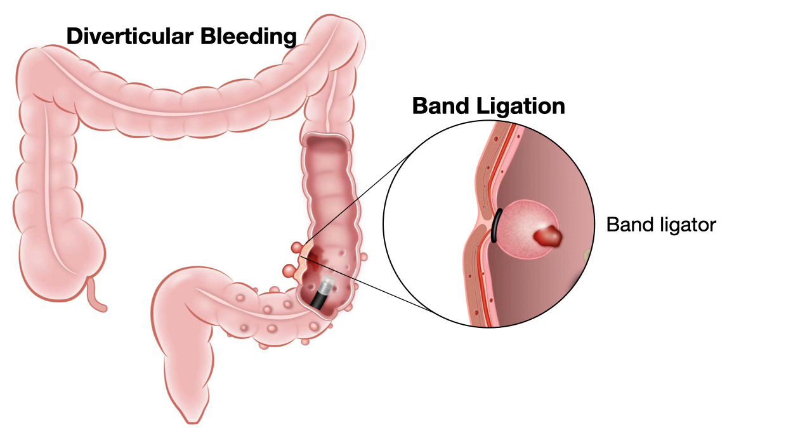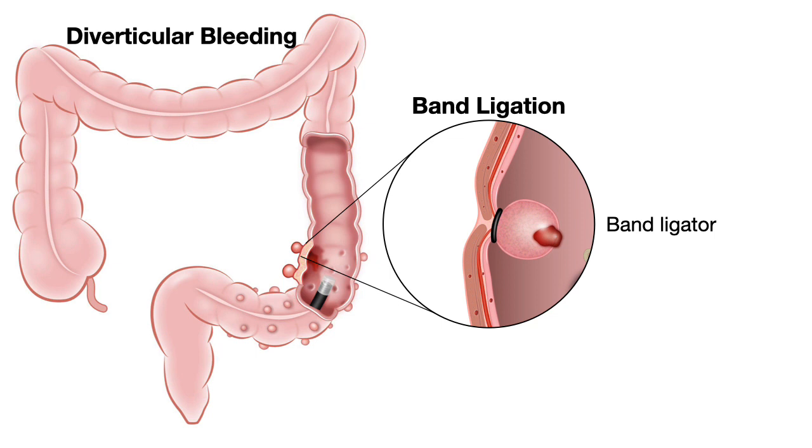And the diverticulum will evert and the band is going to occlude the feeding vessel. So we have several different options: epinephrine injection for hemostasis, a bipolar electrocautery with the coagulation mode, clip application, band ligation application.